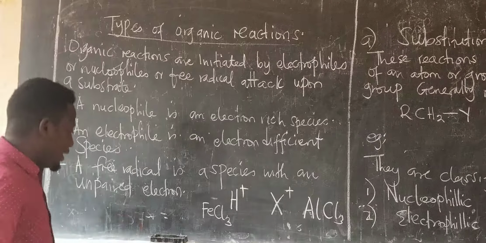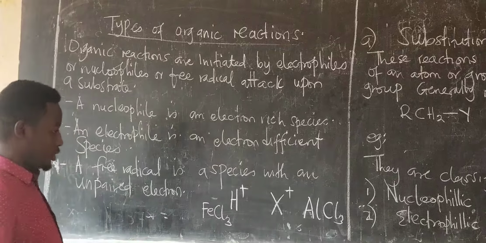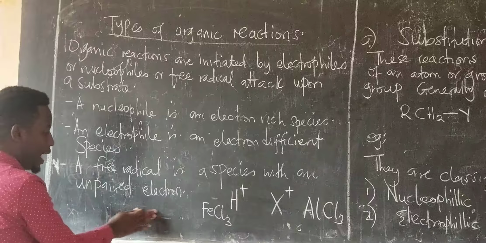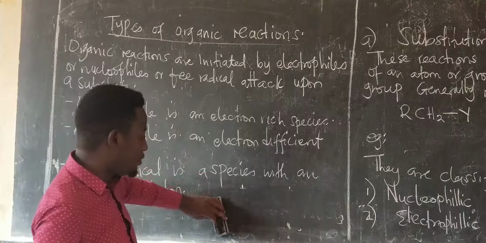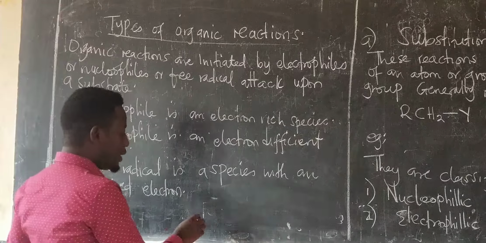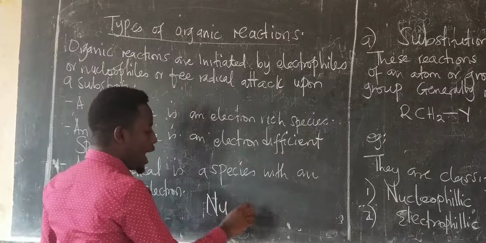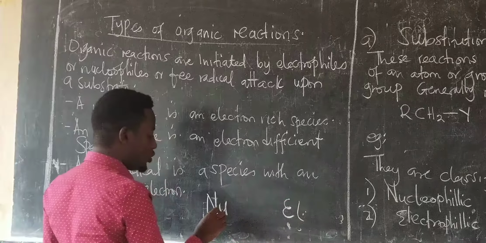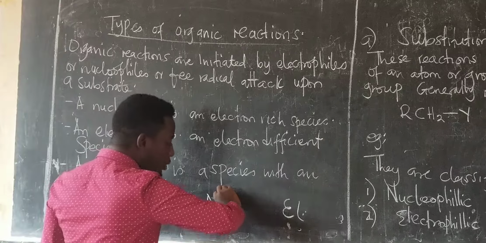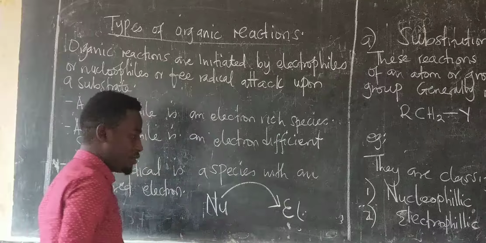So in most cases, the arrows that we use in the mechanism are always coming from the nucleophile attacking the electrophile. So the arrow should always come from the Nu going to the E. So the arrow always comes from the nucleophile attacking the electrophile.